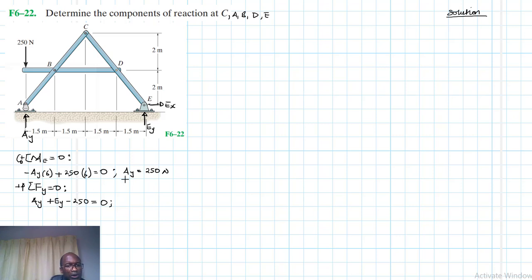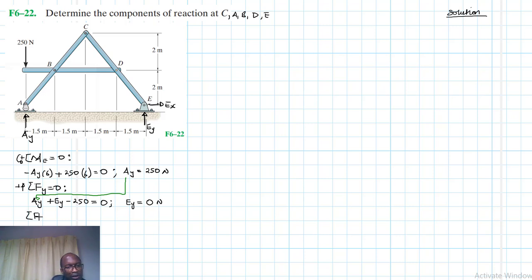And what is our AY? We've already calculated it, we just replace it there. Once we do so, we have 250 minus 250, so EY is just going to be equal to 0 newtons.